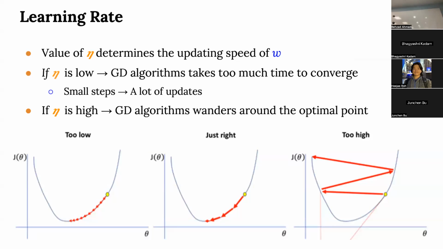If eta is very large, you may jump from the negative slope to the positive slope, you overshoot. There is an optimal eta, but that's also a hyperparameter. Remember those hyperparameters? One of them is now eta. So if eta is very low, it takes you a long time to converge. If eta is very high, you wander around the optimal point, so it may not converge normally.